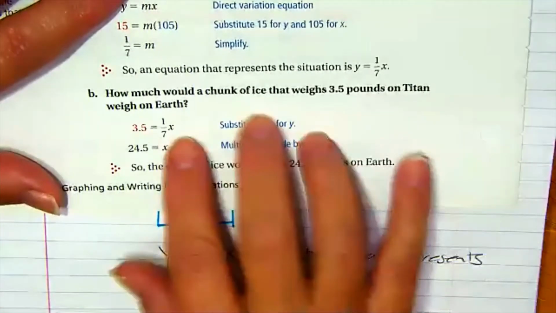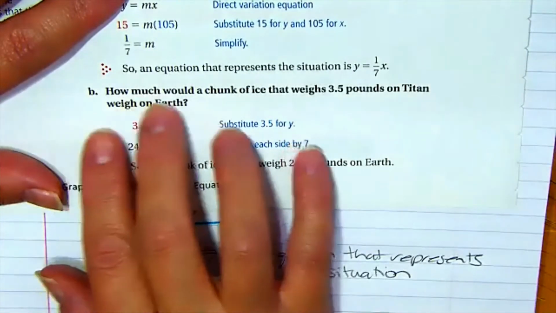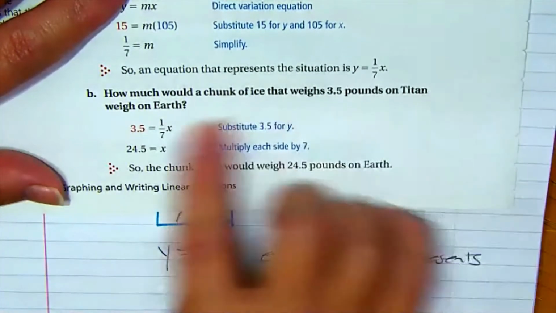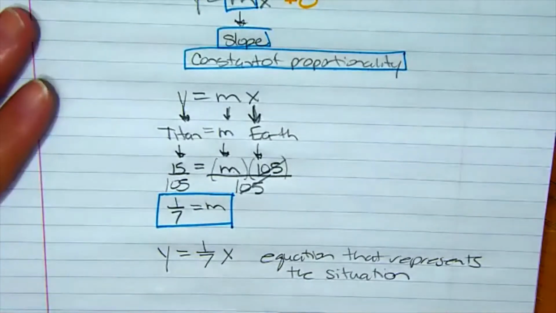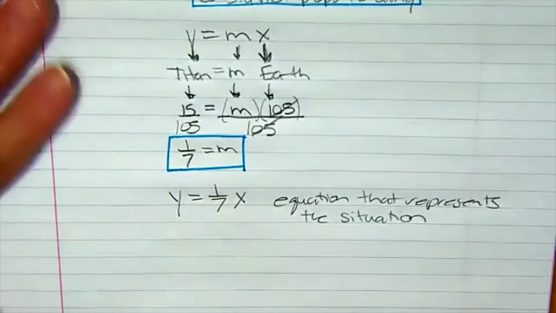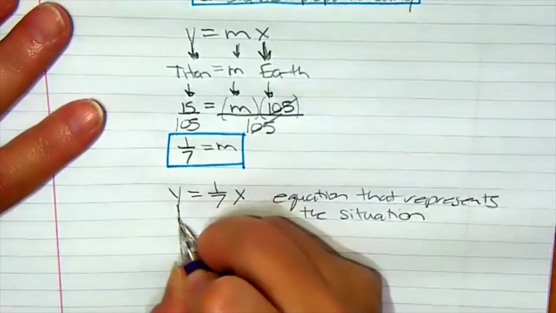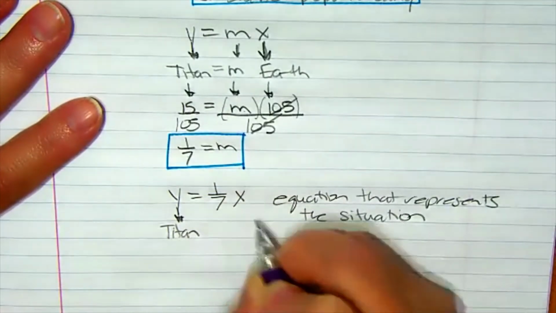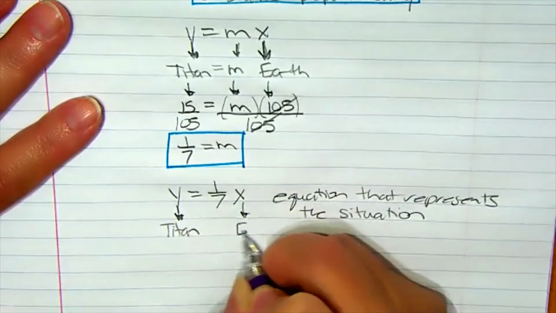Now, the second part of the problem is telling me how much would a chunk of ice that weighs 3.5 pounds on Titan weigh on Earth? Okay, here's my equation that represents the situation. y is Titan. x is Earth.